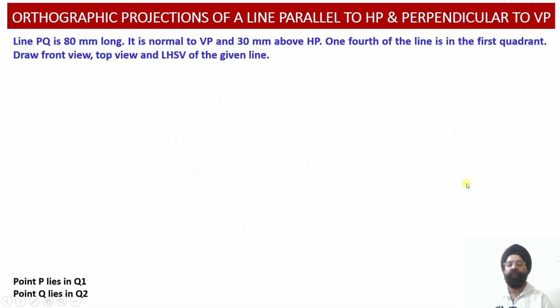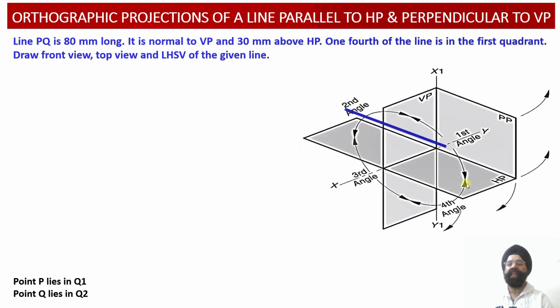So here, first of all, let us evaluate the 3D spatial representation of this line using the horizontal plane, vertical plane, and the profile plane. As we can see, this is the horizontal plane, vertical plane, and the profile plane, and we have been provided with the information that this line is normal, or perpendicular, to the vertical plane.